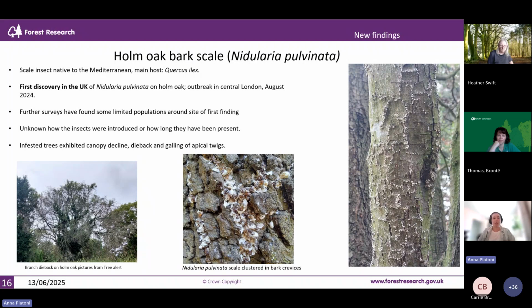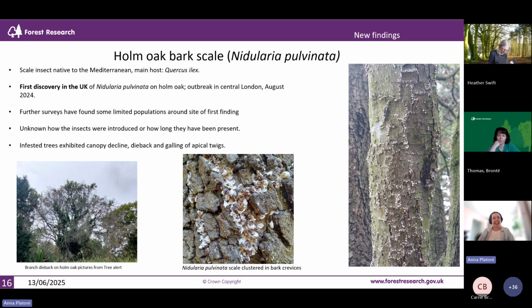As well as the iNaturalist report for plane lace bug, we'd also had a tree alert reporting this pest. And so in an attack of efficiency, let's call it, I thought when planning the field work, a team's going into London, let's cover both on the same day.